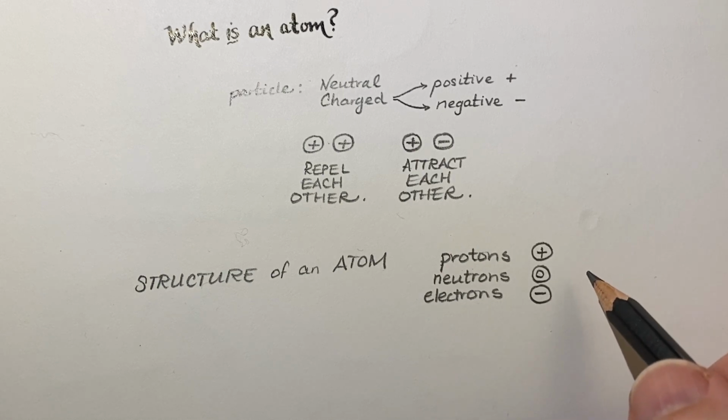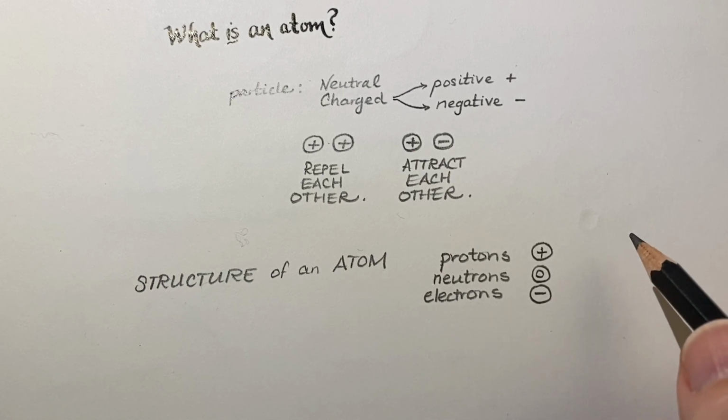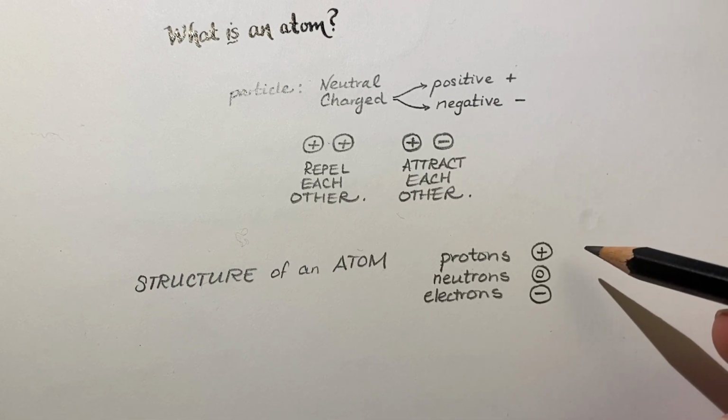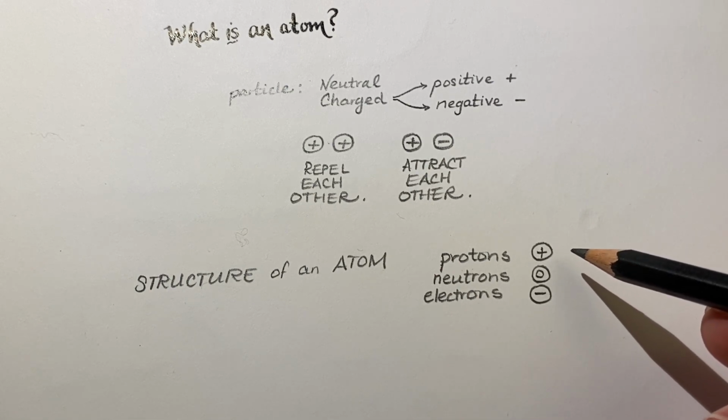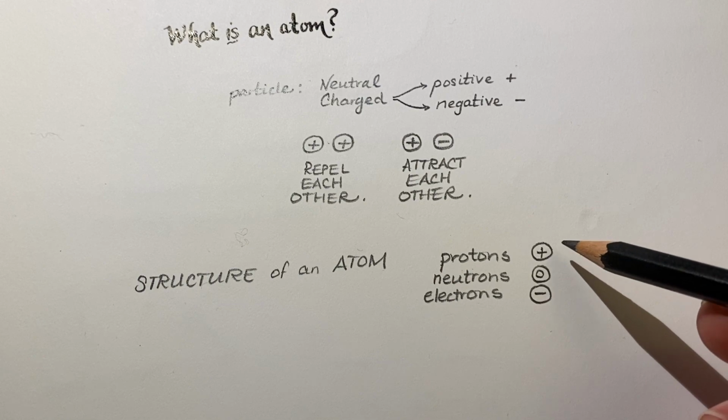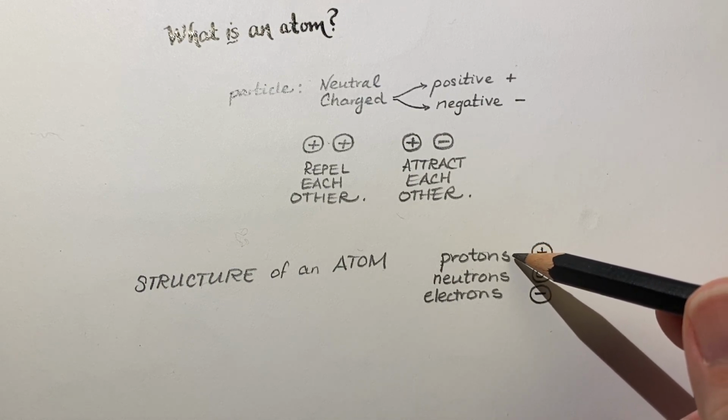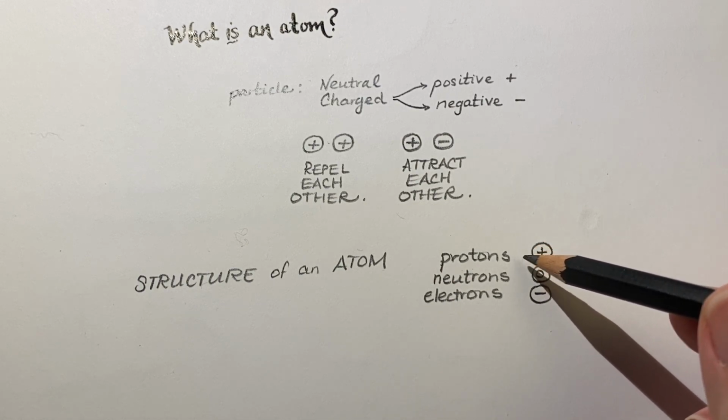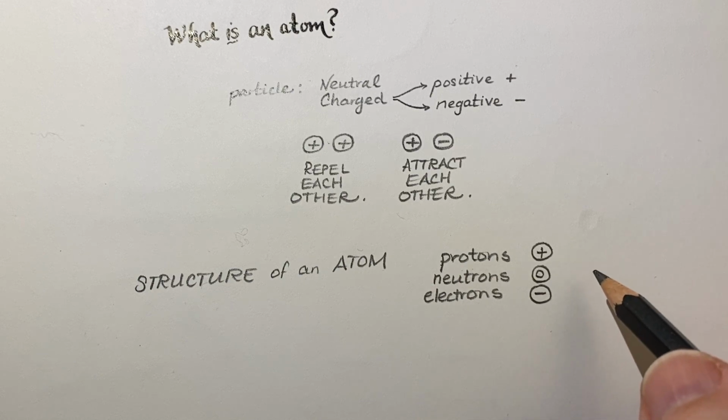Now, you may have heard of something called a quark. Those are subatomic particles, meaning that if you break apart a proton, it's made of quarks, and we're not going to talk about that.